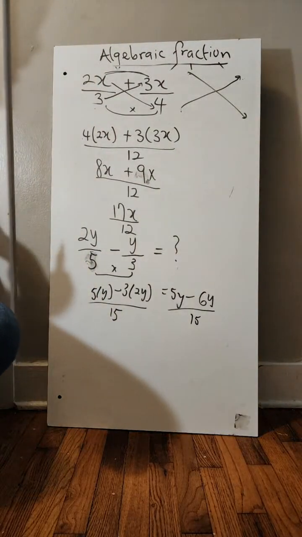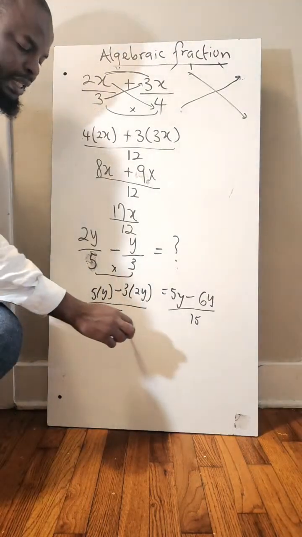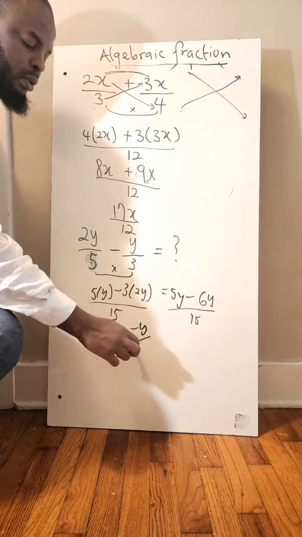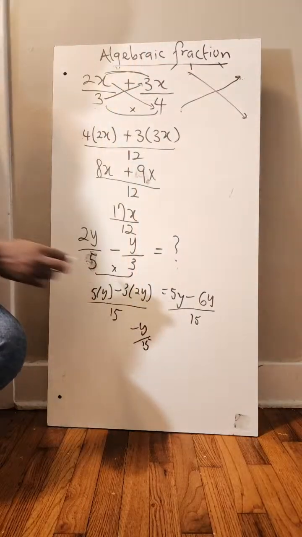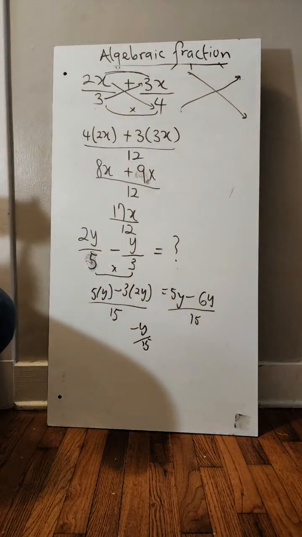And here we have 5y minus 6y, which gives negative y over 15. So this is what we have using this rule.